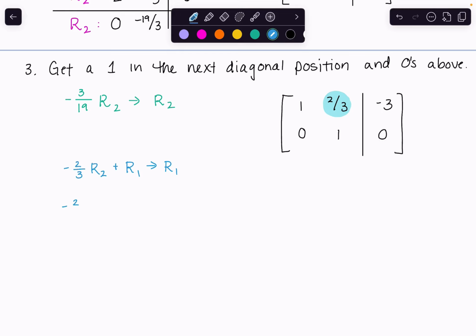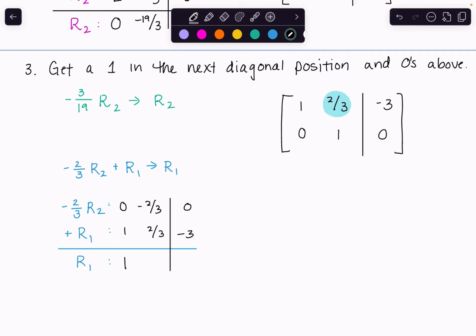So let's do this off to the side. We're going to take negative 2/3 times row 2. We're going to add that to row 1, and this becomes our new row 1. So row 1, just to put those here, those are untouched. Negative 2/3 times row 2 gives me 0, negative 2/3 and 0.